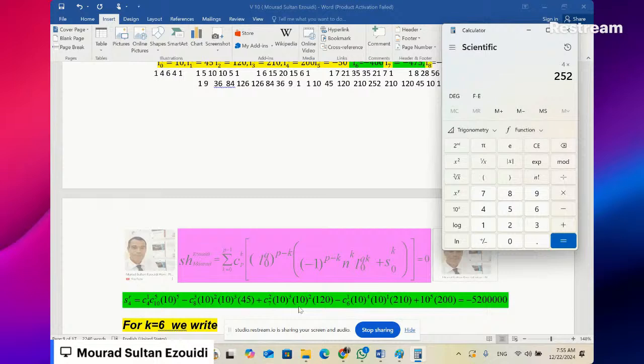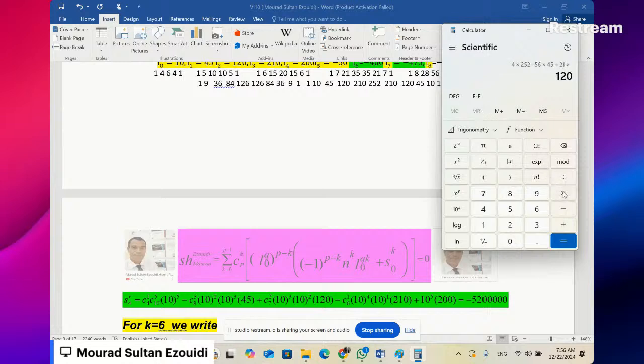Okay, let's do it. We call the negative combination 8 choose 3, because this is 8 choose 3, which is 56. Means 56 times 45, minus 45. Then plus 7 choose 2, which is 21, plus 21 multiplied by 120.